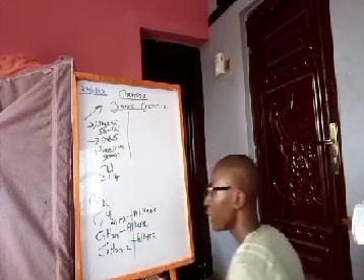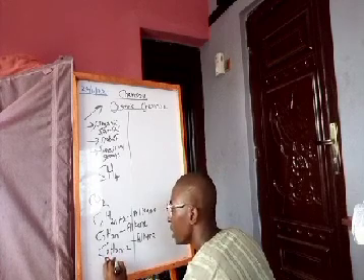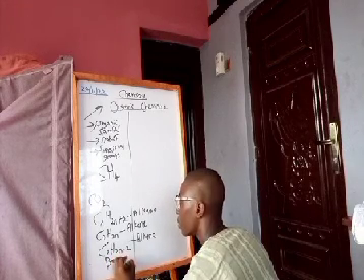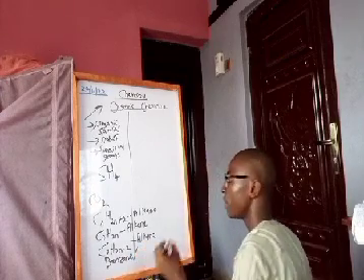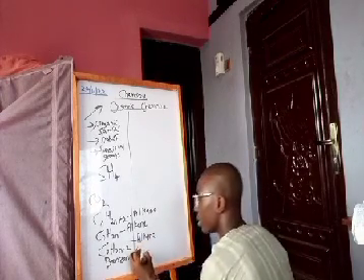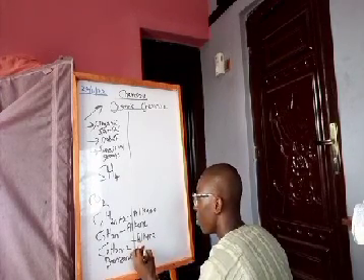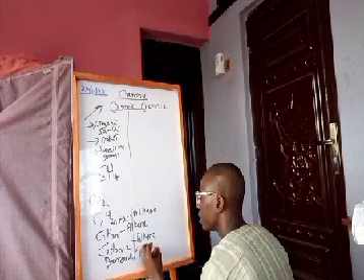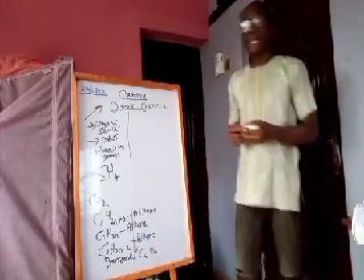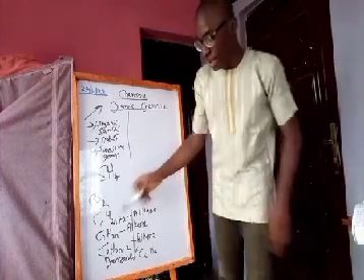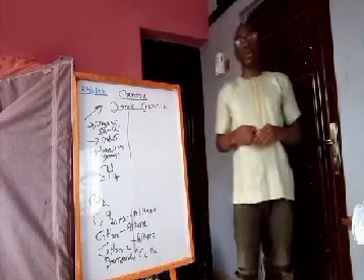Lastly, we also have benzene, or aryl, C6H6, with its substituents. So these four are the principal organic compounds.